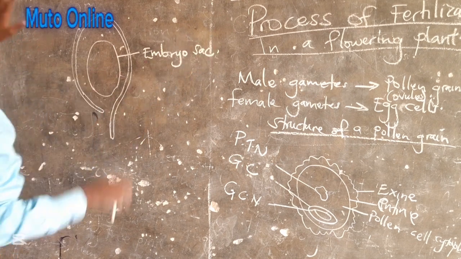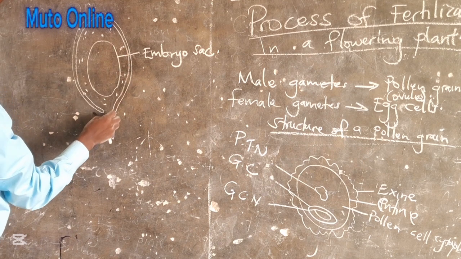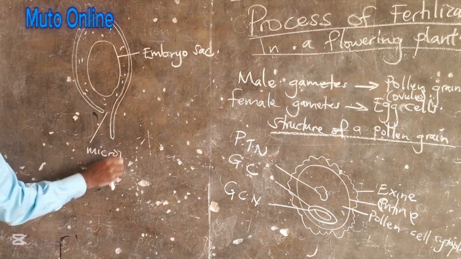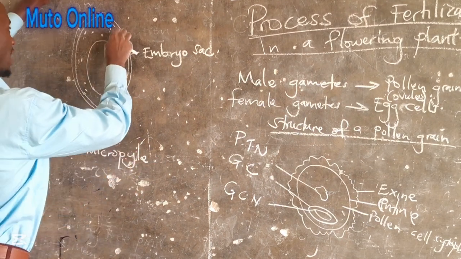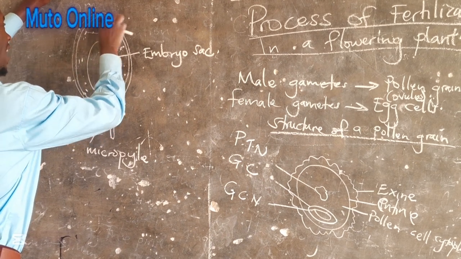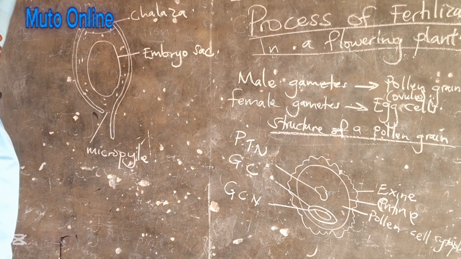This small opening is known as the micropyle. Above the nucellus is the chalaza of the ovule.